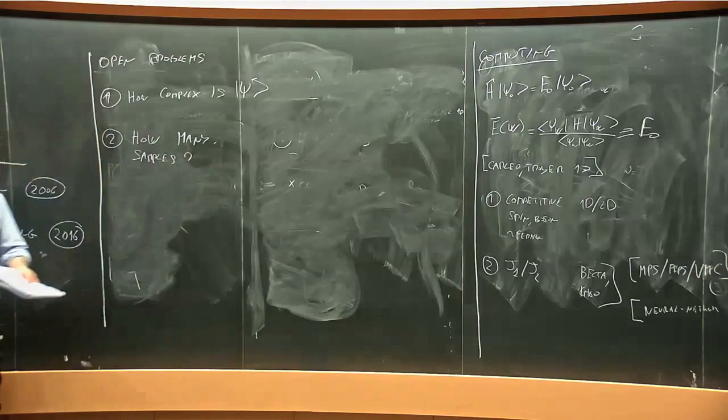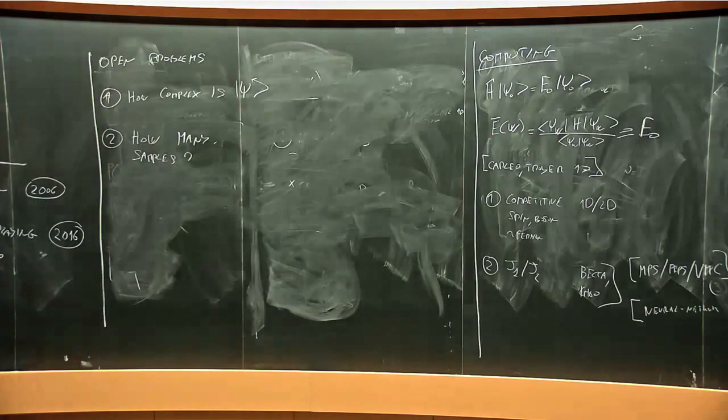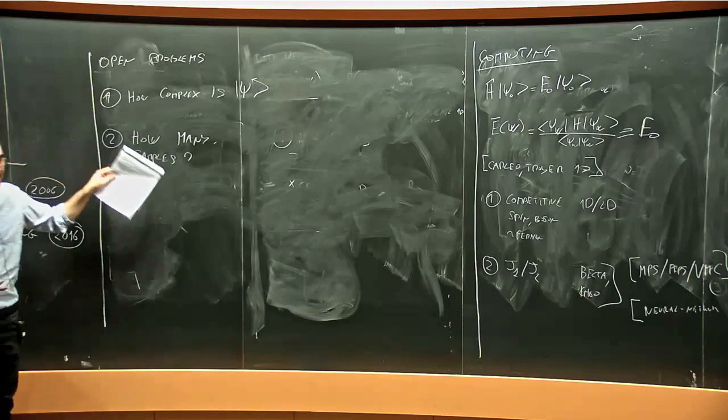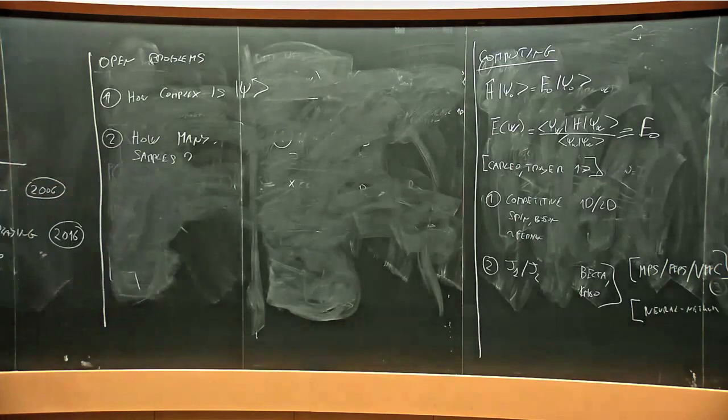Then connected to this is also how many samples we need to learn a quantum system. So imagine that I have an experiment. I can do n measurements because my measurement time is not infinite and my experimental friends are not willing to spend nights in the lab. So are those measurements enough to reconstruct the quantum state of, let's say, 100 particles, 200 particles? So what is the dependence of the complexity of the state on the number of measurements that I need to reconstruct this quantum state?